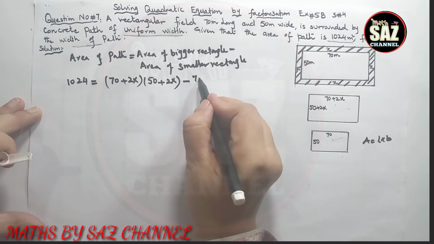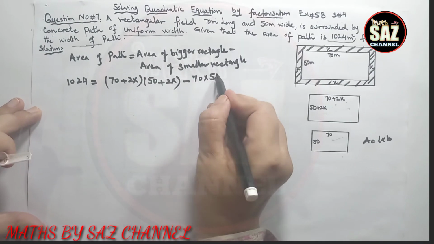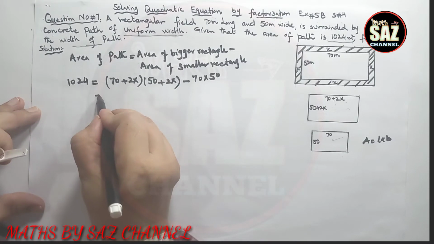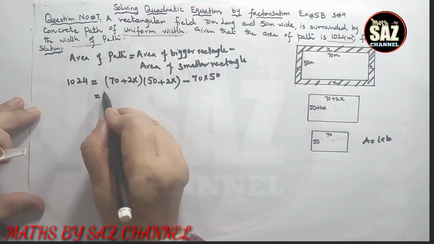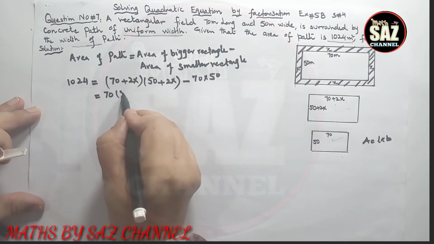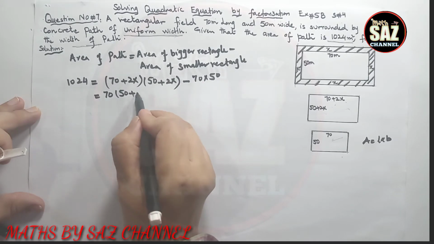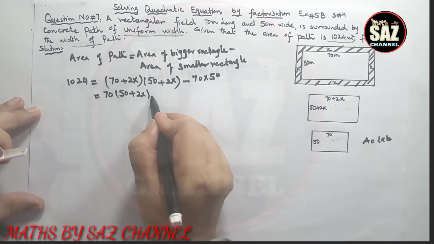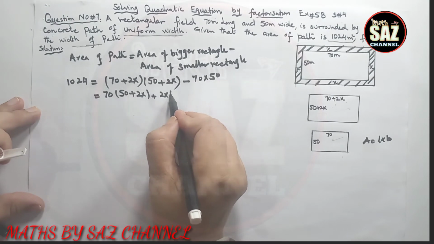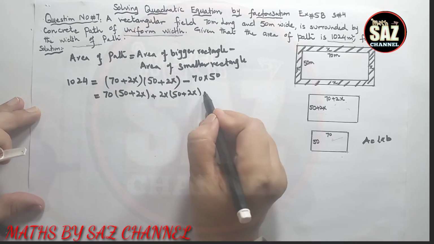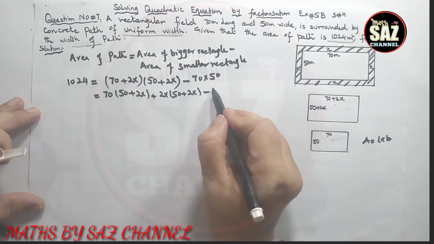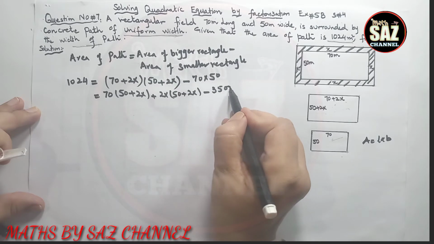So this is 70 multiplied by 50. Now we have to quickly apply the distributive property: 70 has to be multiplied by the whole of the second bracket, 50 plus 2x, plus 2x into 50 plus 2x, minus 7 times 5 is 3500.